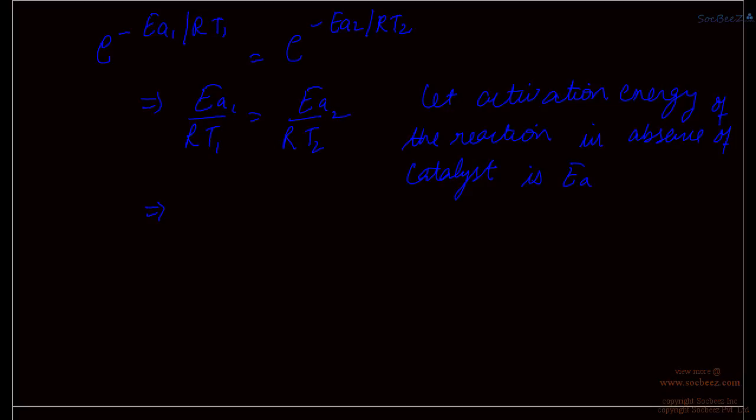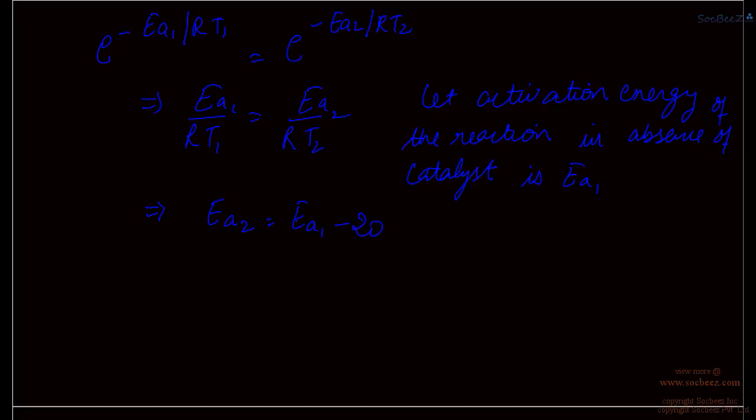Oh, sorry, we have already assigned the variable for activation energy. So the activation energy in the absence of catalyst is EA1, and in the presence of catalyst it is EA2.